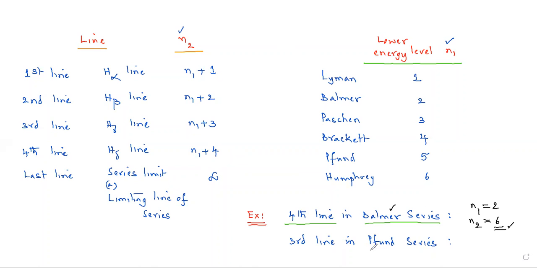See, when I say Pfund series, remember N1 is fixed. It is very clear. You can see that, for Pfund N1 is 5. And when they are asking for the third line, for H gamma line, you just add a 3 to your N1.